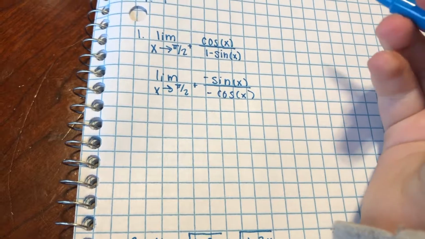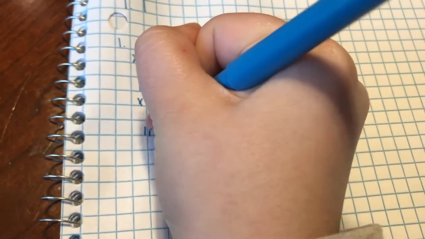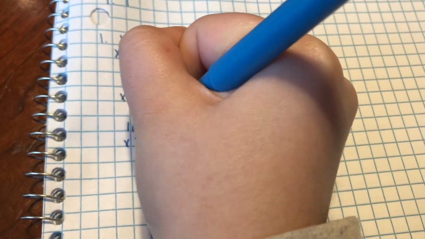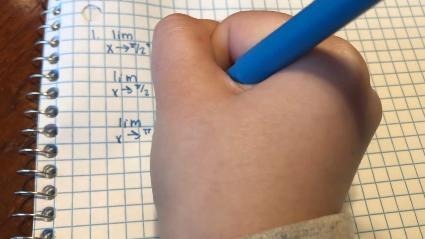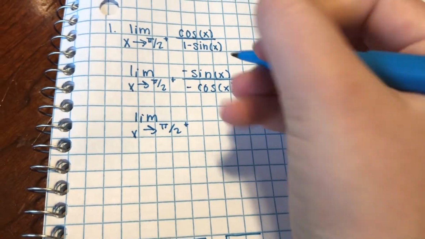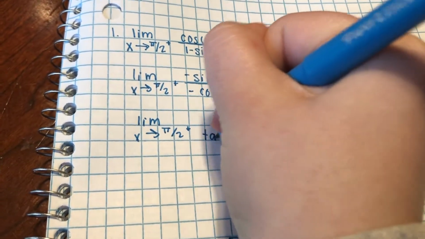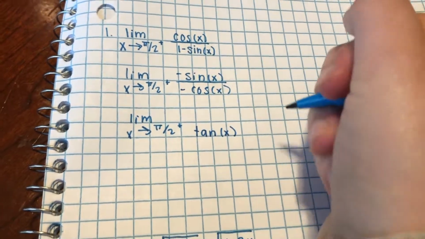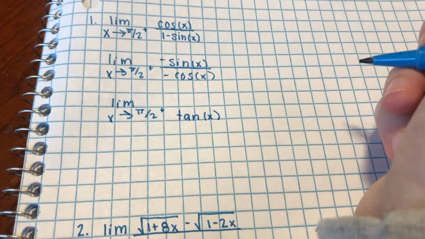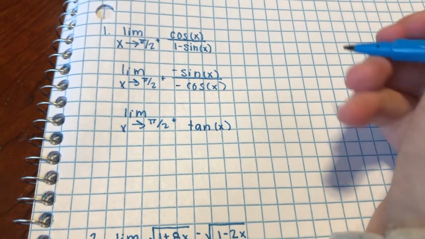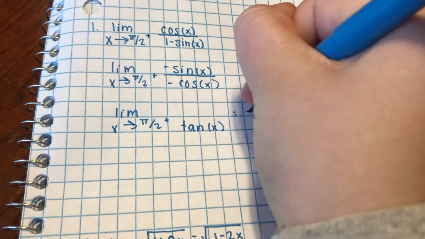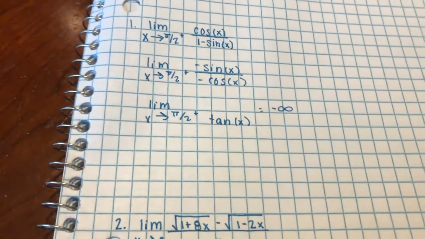Then we can simplify this, and we get tangent x. We evaluate this, the limit as x approaches pi over 2 from the right, and we end up getting negative infinity. So that's our limit.